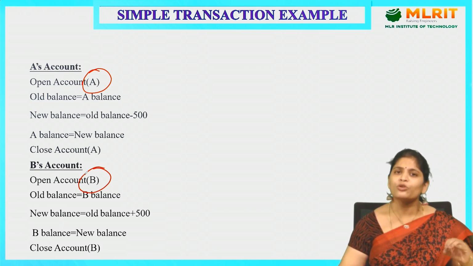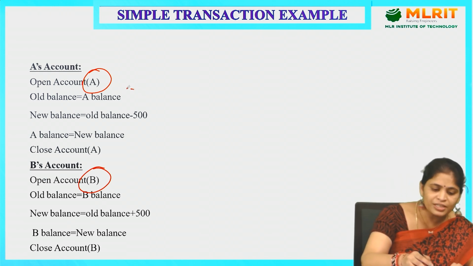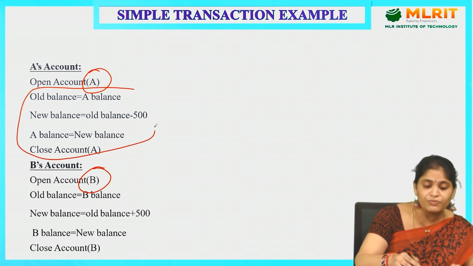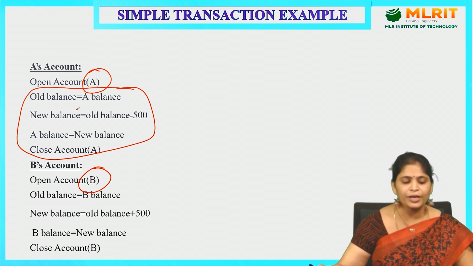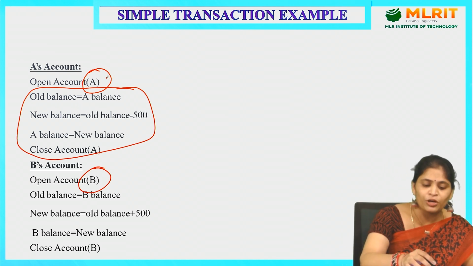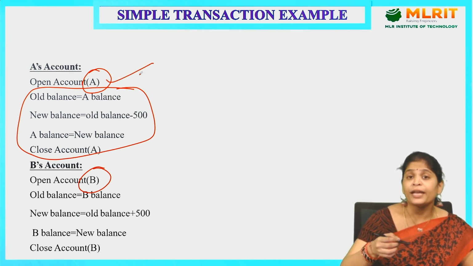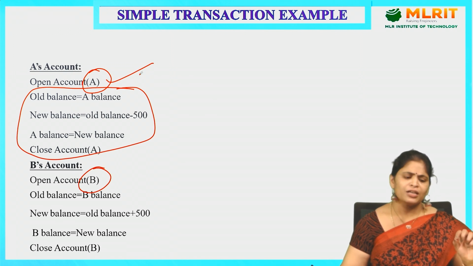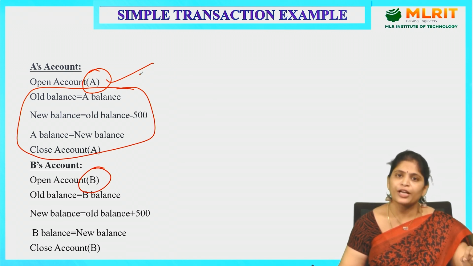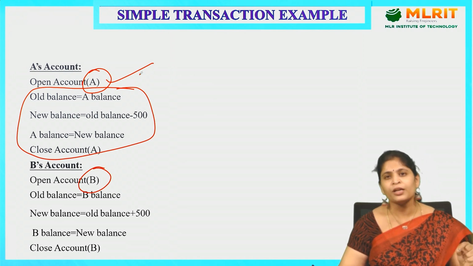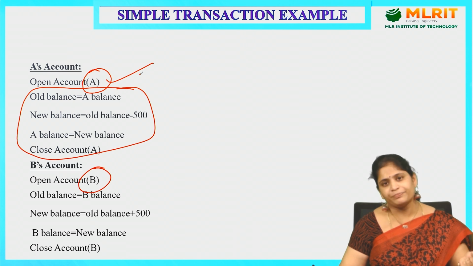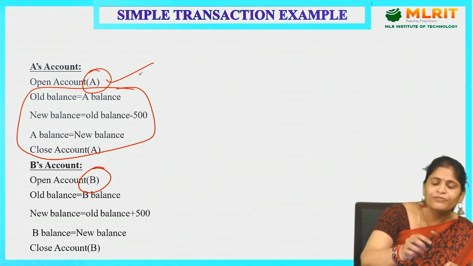These are the series of actions which are done internally. First they will open account A. Here A is one account holder who wants to transfer 500 rupees to B.